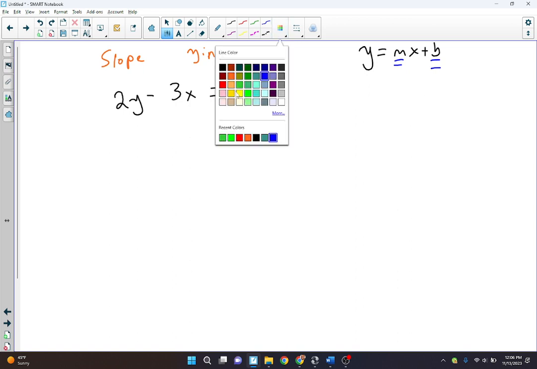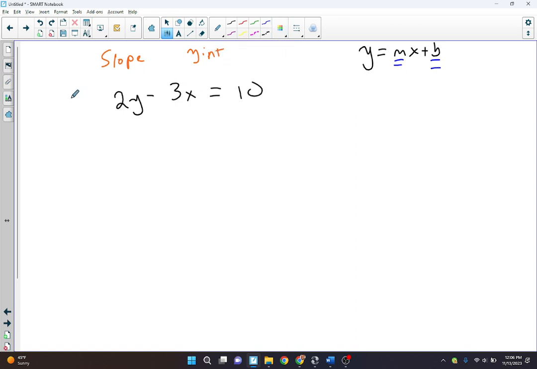So because of that, I need to make it look like this. This does not look like that. So what I'm going to do is plus 3x on both sides. So then I have 2y equals 3x plus 10.